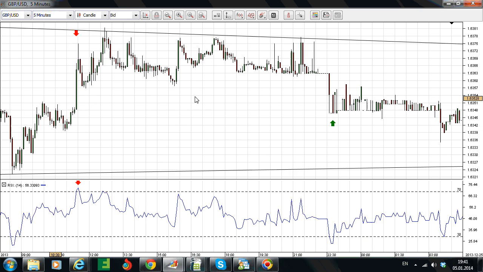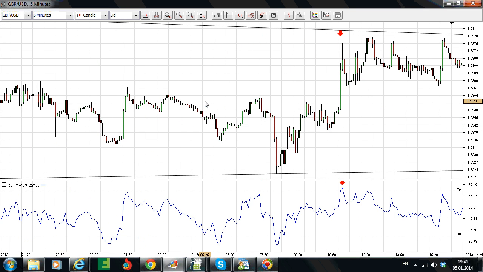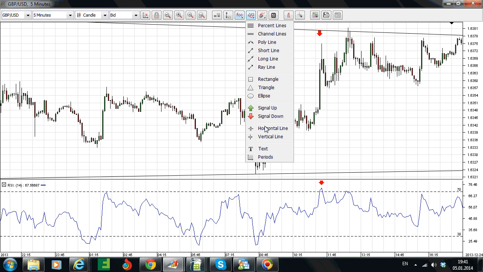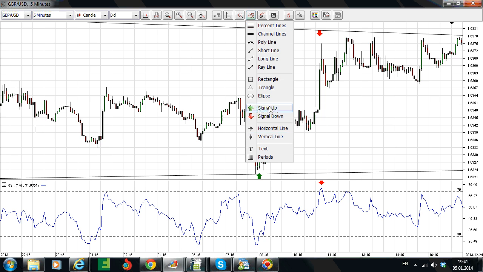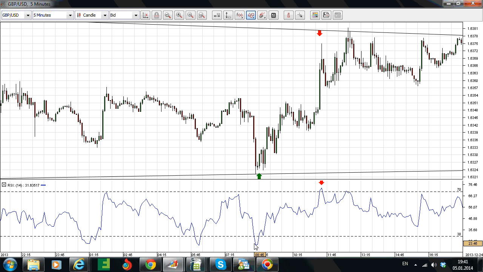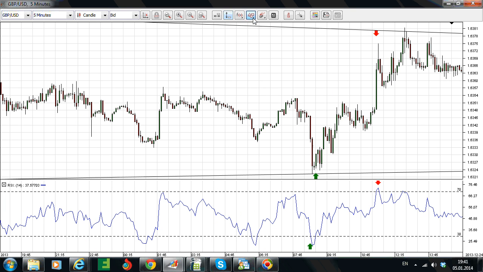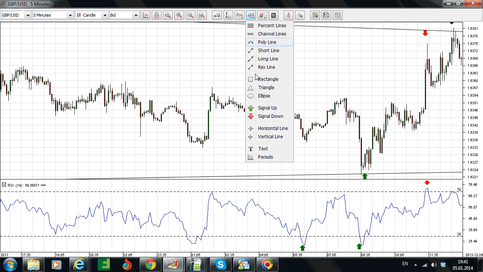That is the logical thing to do. So this would be a nice place to buy call options based on the RSI. Remember, we have a triangle there. This is another place to buy call options. This is another place to buy call options.